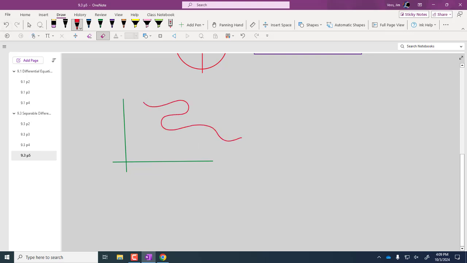How many functions are in this curve? We have this function right here, this function right there, and then this function here. So this curve has 3 implicit functions.